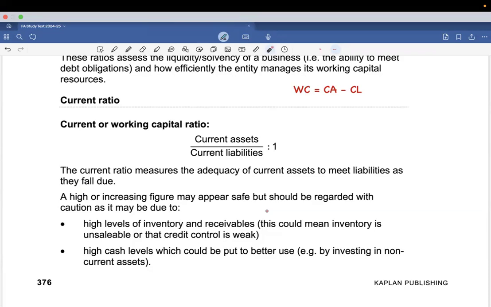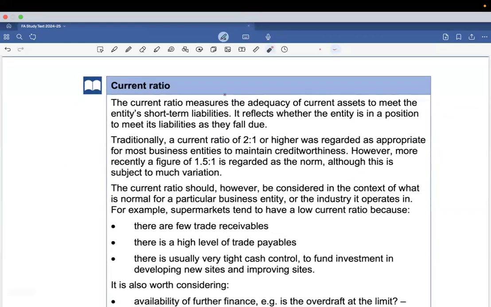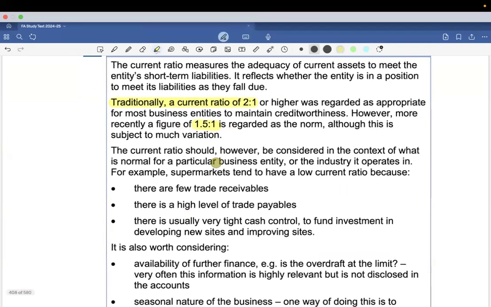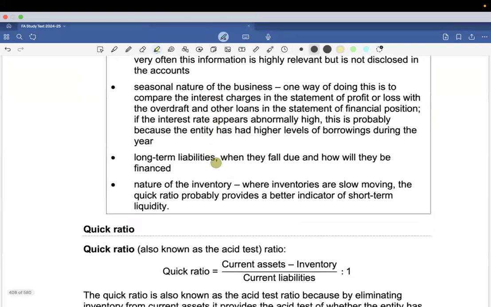So the current ratio should be kept in an ideal position. Traditionally, we used to teach students that the current ratio is 2 is to 1. But now, upon market research, the figure is updated. It is now 1.5 is to 1. At least it should be like that. These are the ratios that you use in your company. Understood?